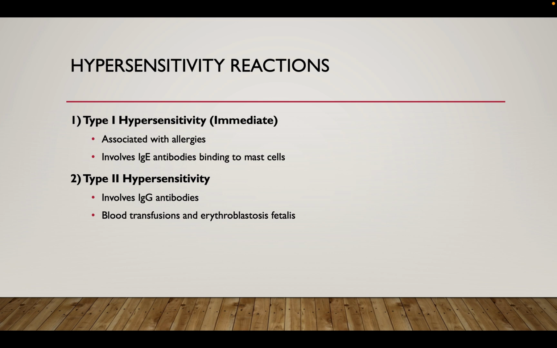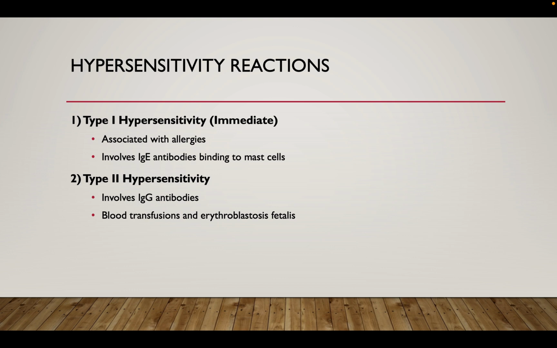And then erythroblastosis fetalis is another type of type 2 hypersensitivity reaction. This has to do with the incompatibility between the mother's blood and the fetal blood. We talked about this a little bit in the blood lecture.